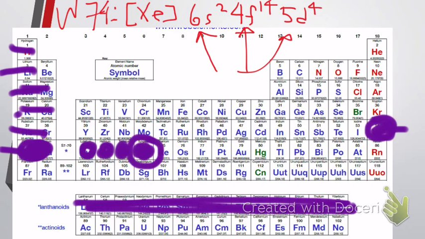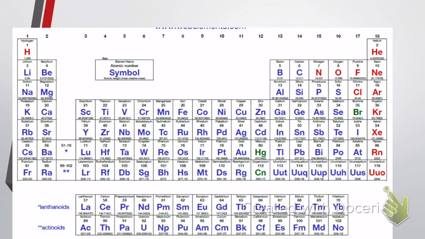Okay, let's do another example. This time, why don't we pick antimony or antimony? I've heard it pronounced both ways. So that's Sb. And it has 51 electrons. So you go up a row, and it's going to look most like krypton.